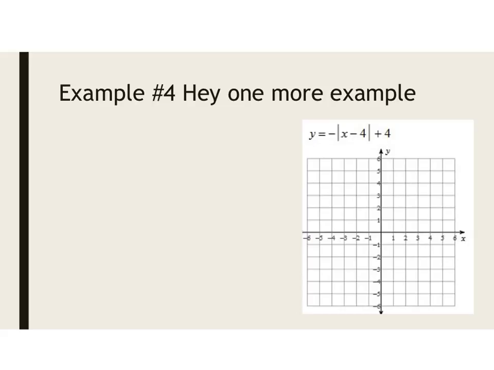Okay, either way you graphed it, either with a calculator or by hand, you should have shifted to the right 4 and up 4 and had a reflection going down, so you should have an absolute value that goes like this.